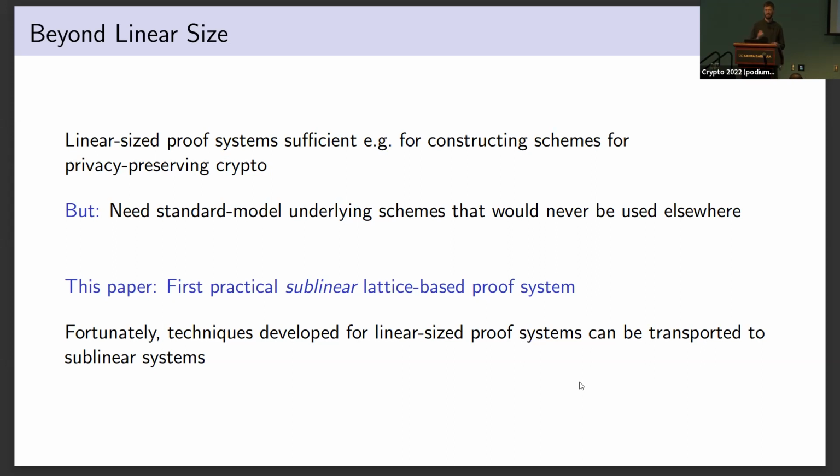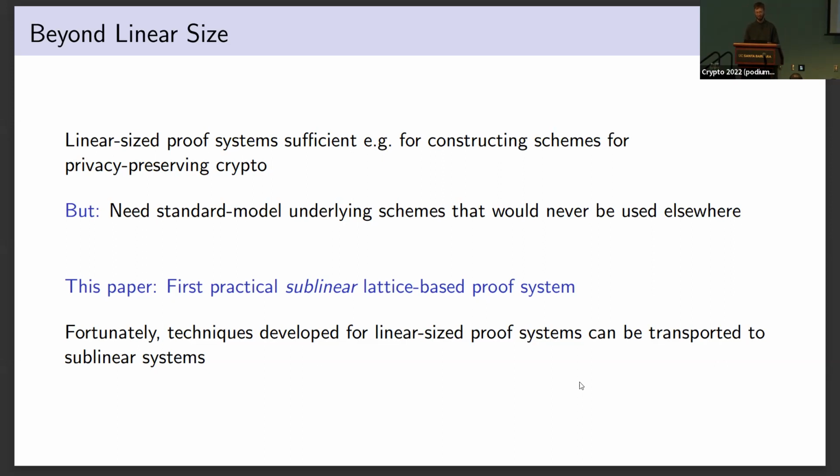But there's a big drawback to this, because one really has to design or use tailor-made underlying schemes. For example, the signature schemes need to be in the standard model. One can't use the random oracle model, because proving the hash function would result in a witness that is much too big.